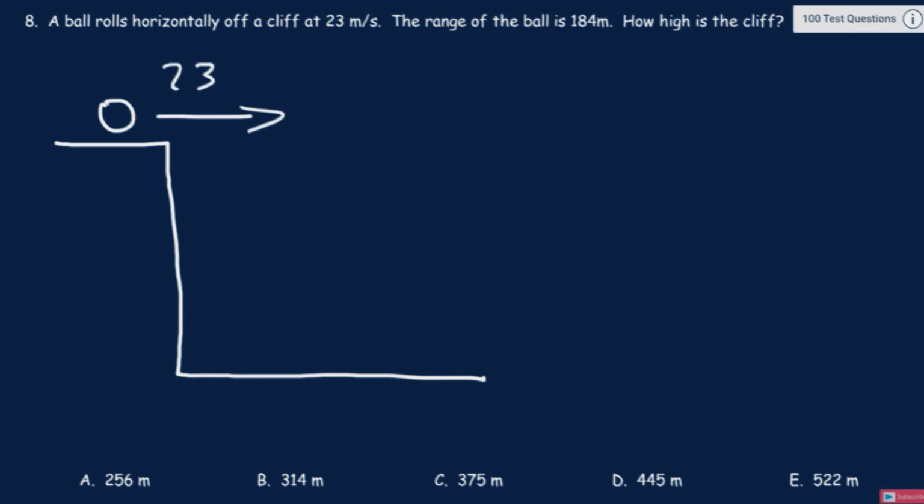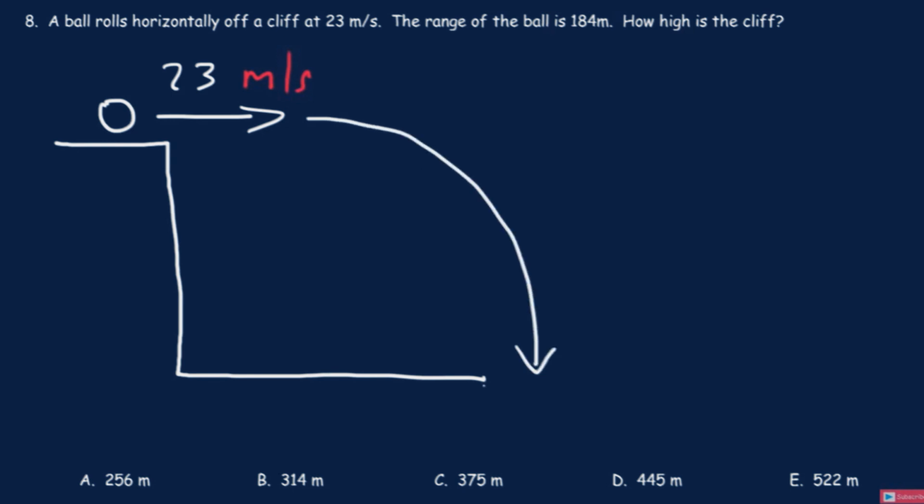The initial speed of the ball is 23 meters per second, and then it is going to follow this trajectory, and the range is 184 meters. So that's how far it travels in the x direction. How far does it travel in the y direction? That distance is going to be the height of the cliff.